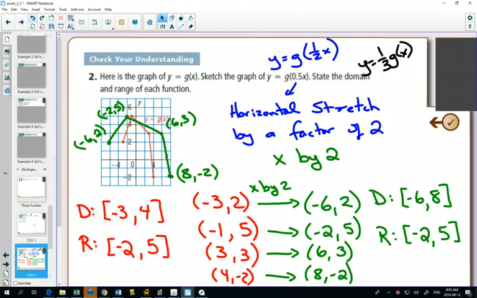Notice what happens when you multiply the x by 2. Okay? It's getting stretched. So if my domain was from -3 to 4, and it got stretched, does it make sense that it goes from -6 to 8? What's the hardest thing students have with interval notation? They get it mixed up with points.